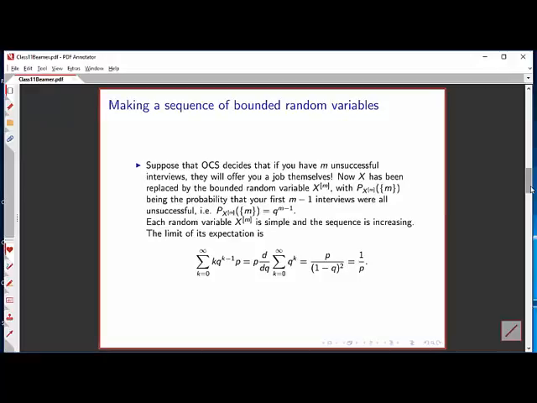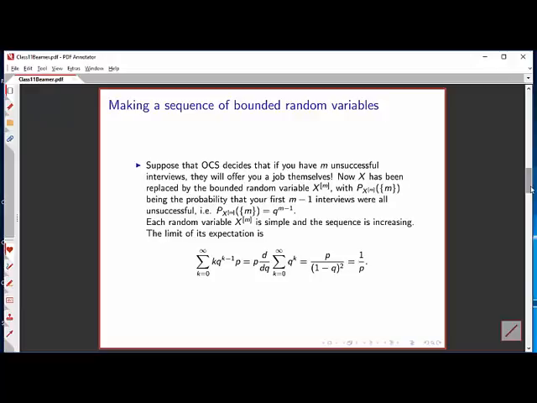Now, a problem with that random variable is that it's unbounded. There's no guaranteed upper limit to the number of interviews, but maybe the Office of Career Services has decided to help you out. They've decided if you have m unsuccessful interviews, you will be offered a job with the Office of Career Services.